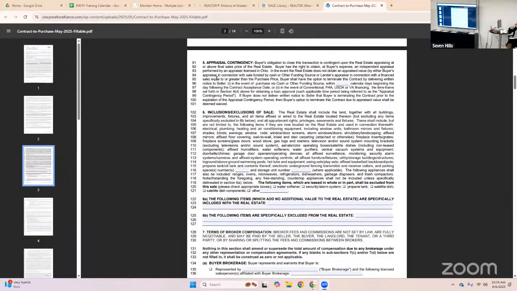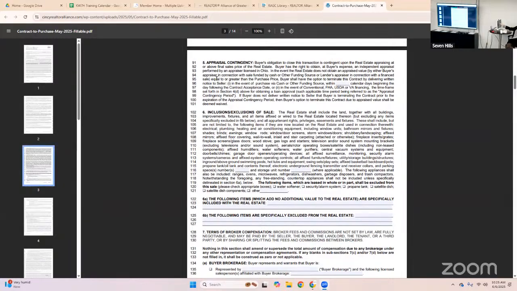4D is basically saying that they have to bill so many days prior to the day of the close. 4D above, for obtaining a loan approval, such applicable time period being referred to as the appraisal contingency period.